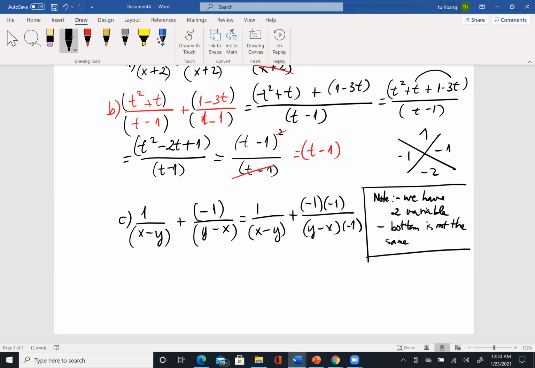So then you will have 1 over x minus y, and the top is going to be 1 times x minus y, because -1 multiplied by 1 minus x will be 2 and then change on the side. So then we have the same denominator right now, and that's going to be equal to 1 over x minus y. That's going to be it. Okay. Let's move to the next way.